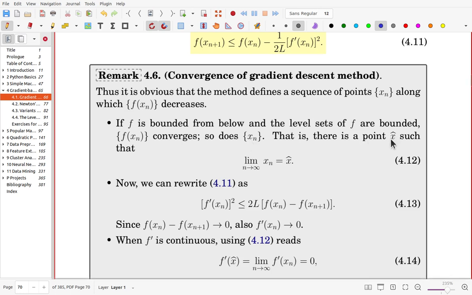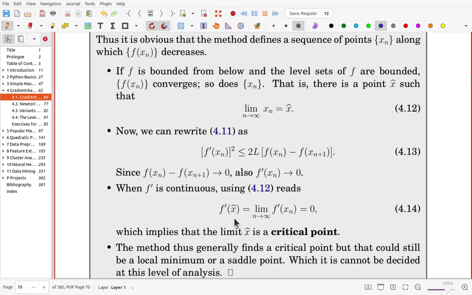Let's say the limit is x hat. Then, because f is continuous, we can rewrite this in this way. Once it is convergent, this subtraction will go to 0, which means that f prime at xn converges to 0.